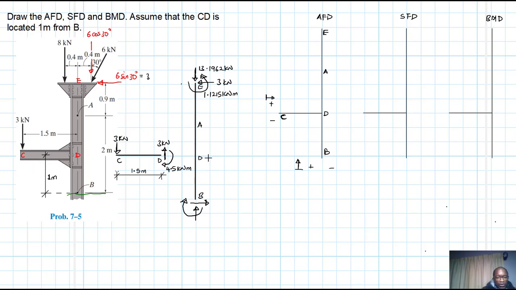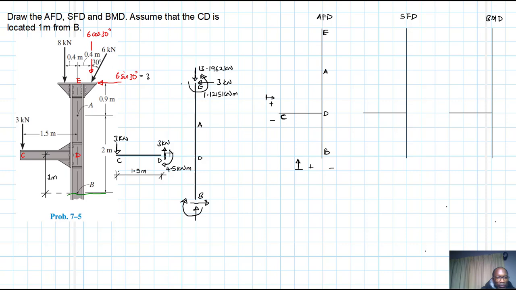So if we have these particular components here, for them to equilibrate at a point where they are connected, because this is all continuous, we don't have any hinge. If it's continuous and connected at every point, we expect a transfer of moment, transfer of forces in the x direction, transfer of forces in the y direction.